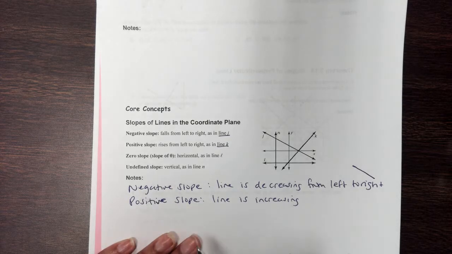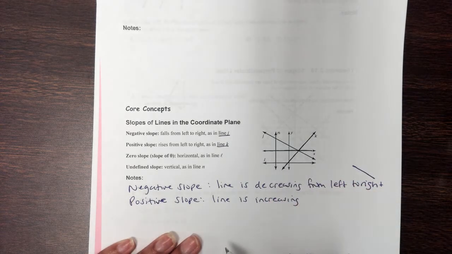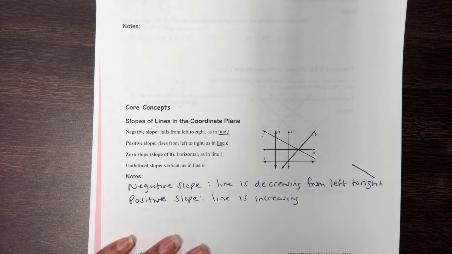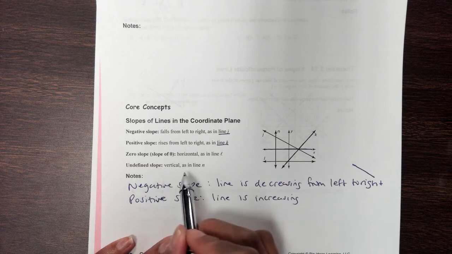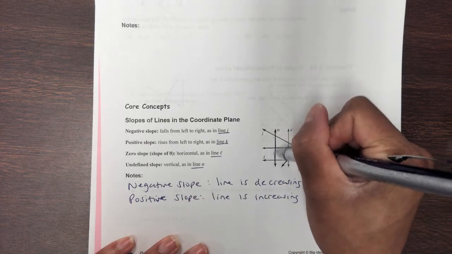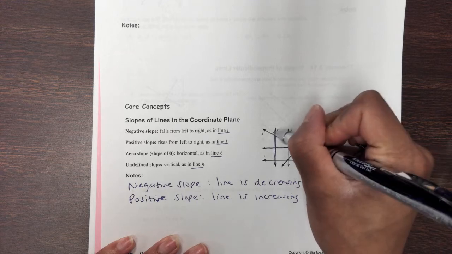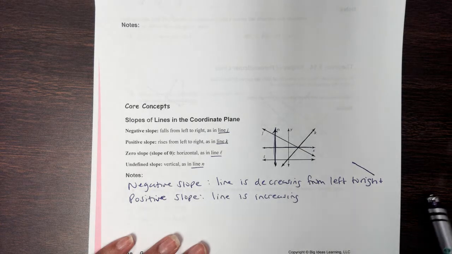And then I have a zero slope. Zero slope is dead set horizontal. It's constant. So think horizontal lines, always constant slope. And I have undefined slope, that is like line n, and it's going up and down. Okay? So those are your different lines where you have negative, positive, zero, or undefined slopes.